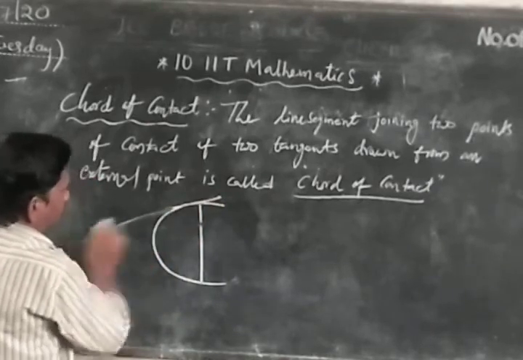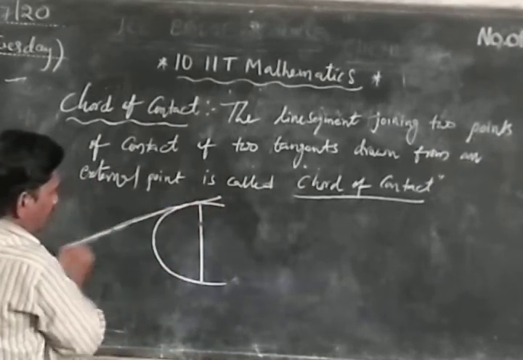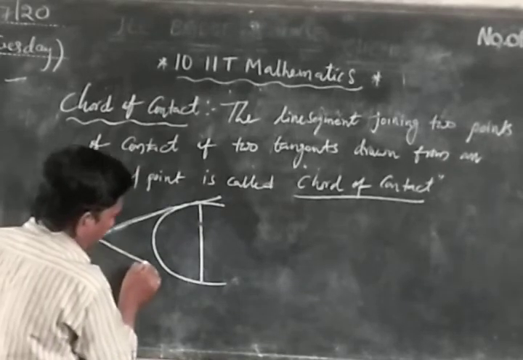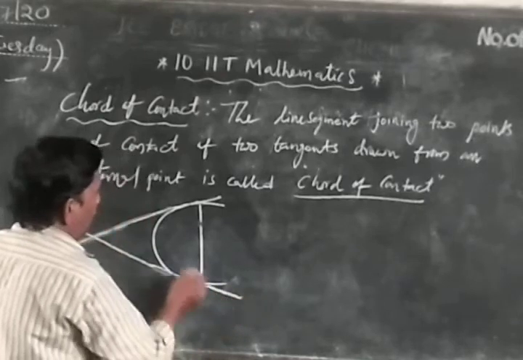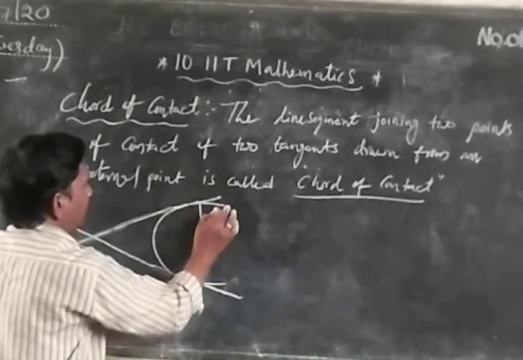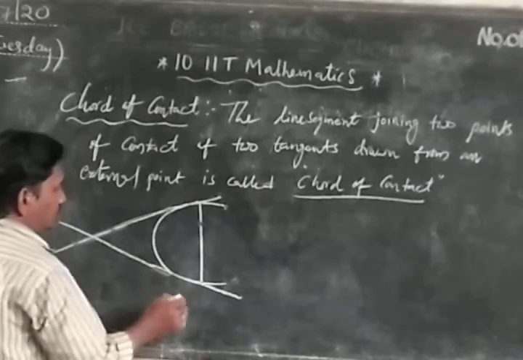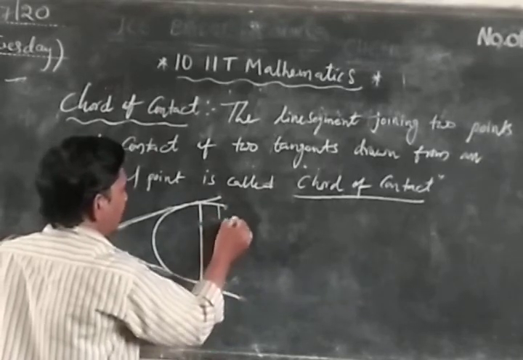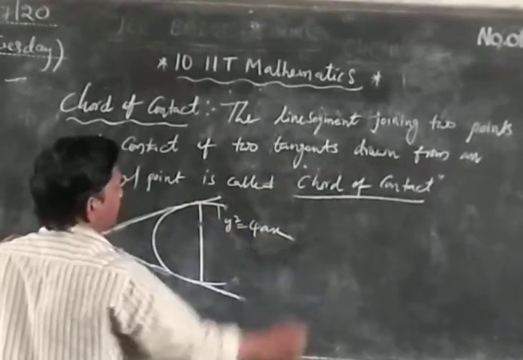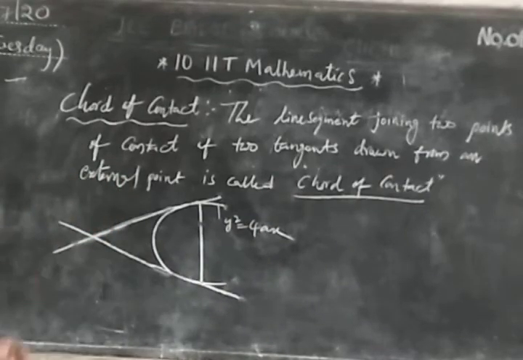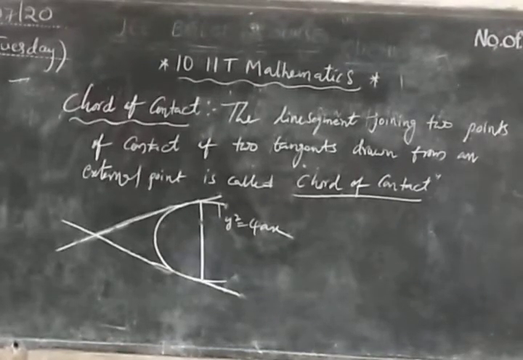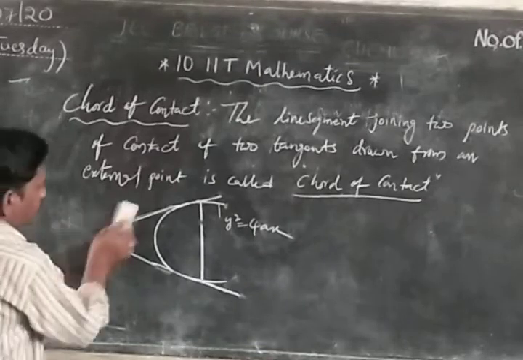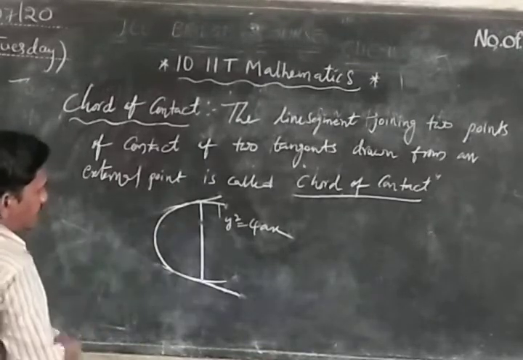This is y square equal to 4ax. You can draw like this.